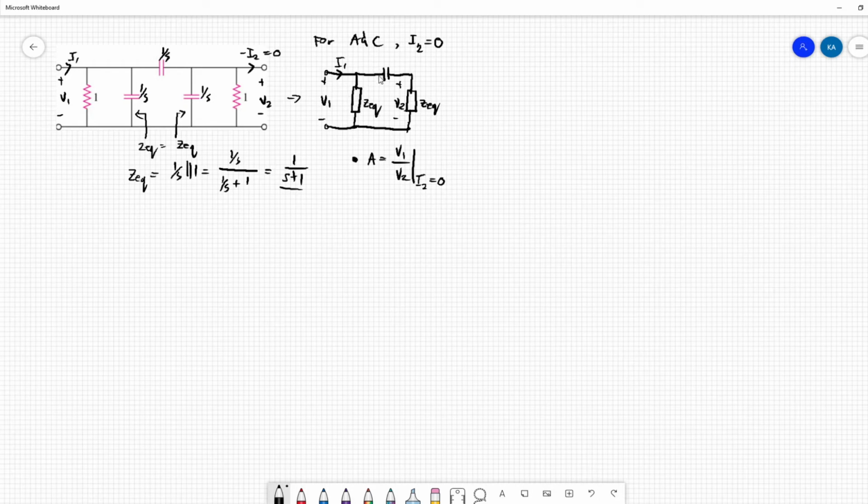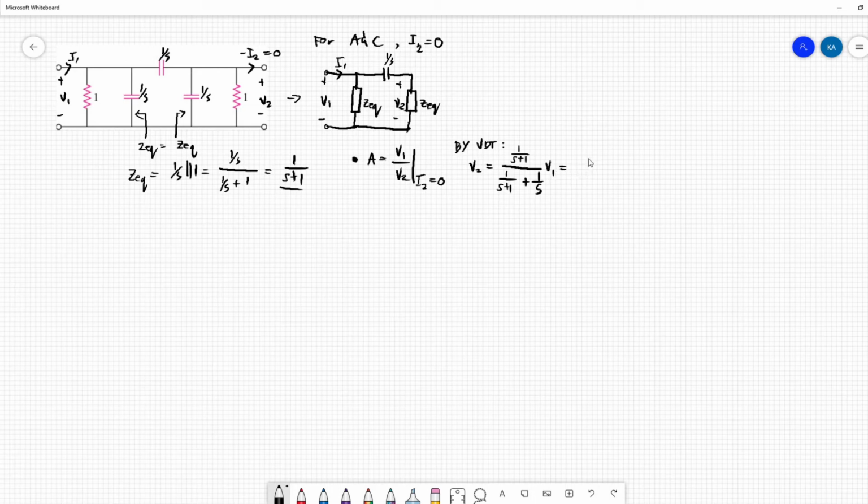Now solving for A, which is equal to V1 over V2, where I2 is equal to 0. Looking at the circuit, we can relate V2 and V1 by using VDT. By VDT, our V2 is equal to ZEQ, which is 1 over S plus 1, over ZEQ plus 1 over S, times V1.